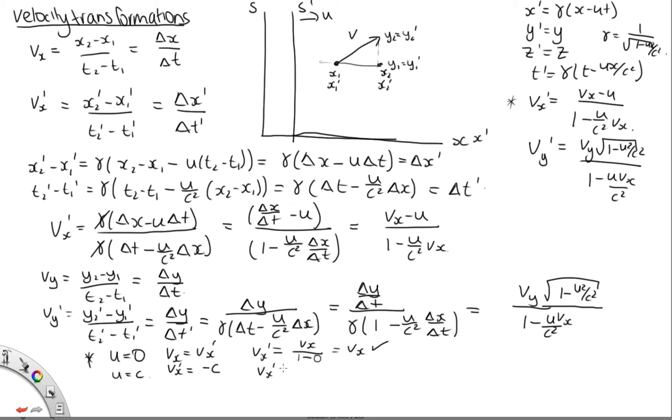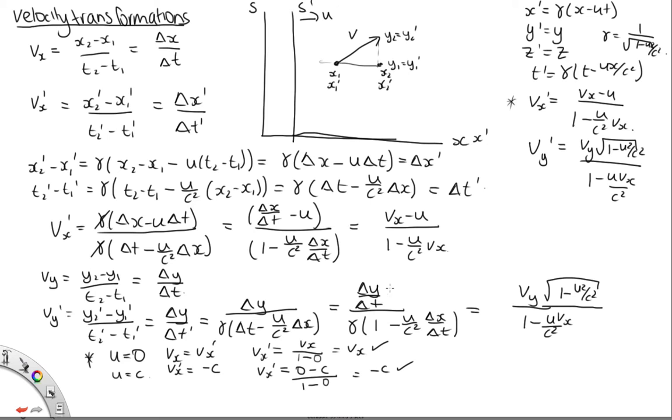So Vx dash is equal to, in this case, Vx. We can consider it to be stationary in frame S, so let's put that as 0, minus u, which is minus c, over 1 minus, and in this case the Vx is 0, so this is 0, so this is equal to minus c, and that is what we expect.